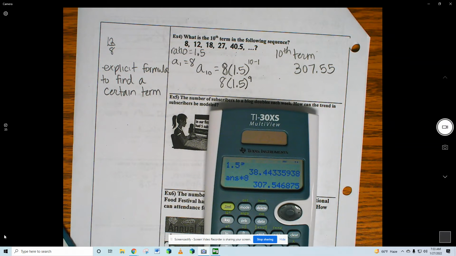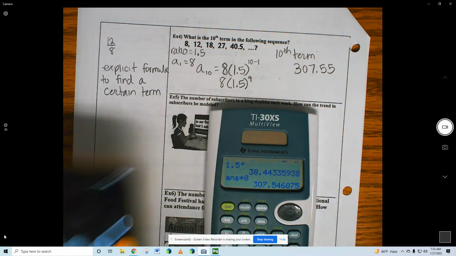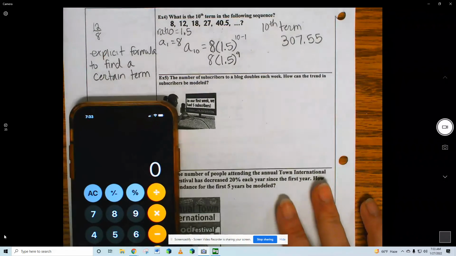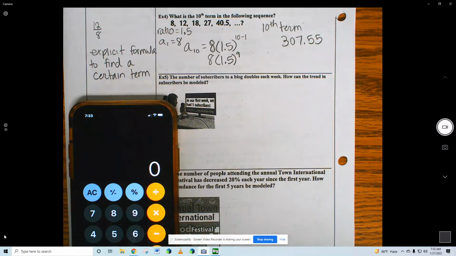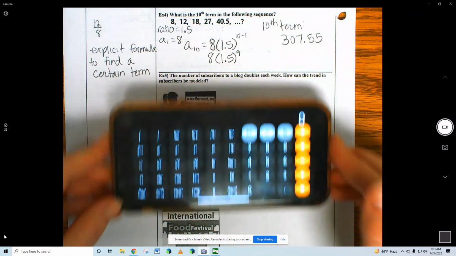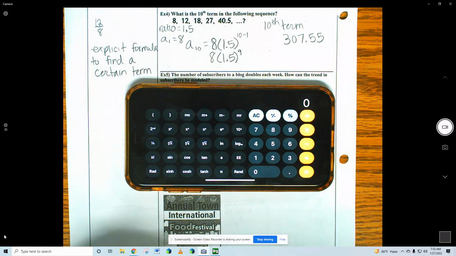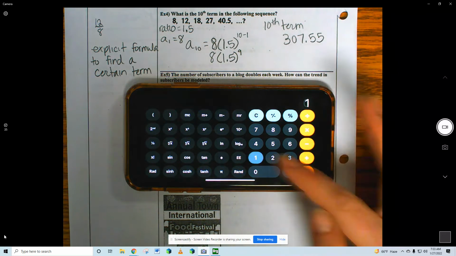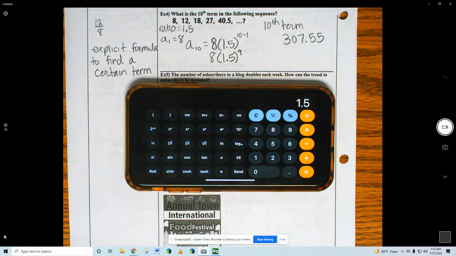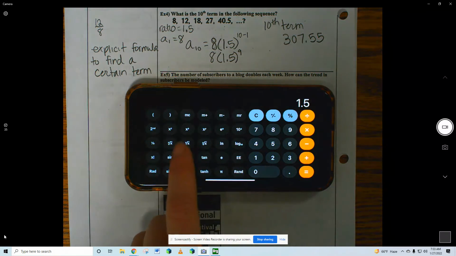All right, let's say that we are going to use our cell phone calculators. Here's my cell phone calculator. If you're at home and you're using your cell phone calculator, here's how you do it. You have to turn your calculator horizontal, and it becomes scientific. Did you all know that? Then I'm going to do 1.5. The exponent is here. X raised to the power of y. So I press that, and it's going to highlight it.